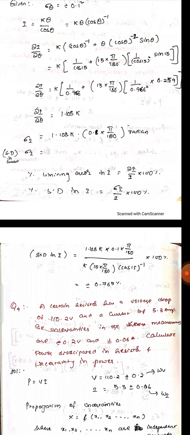Here the given is a certain resistor has a voltage drop of 110.2 volts and the current is 5 amperes. The uncertainties in the measurement are plus or minus 0.2 volts and plus or minus 0.06 ampere.